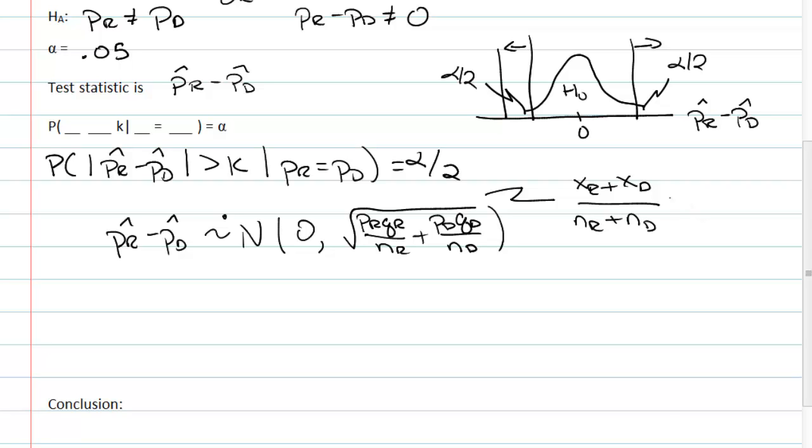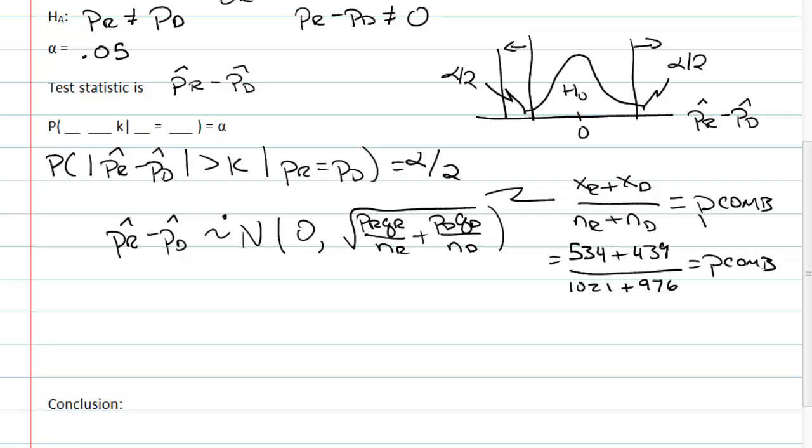And that'll give me an estimate of P, which I'll call the P combined. That's what I'm going to use. In our case, if we put the numbers in, we have 534 Republicans in favor, 439, all over 1,021 plus 976, and that's going to be my P combined.